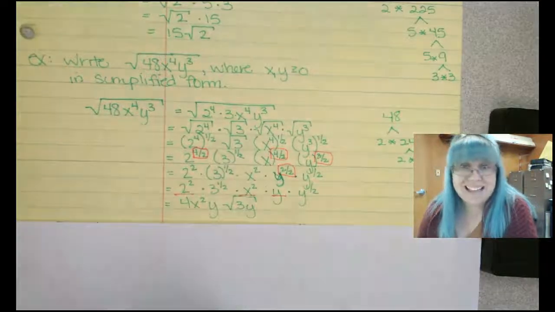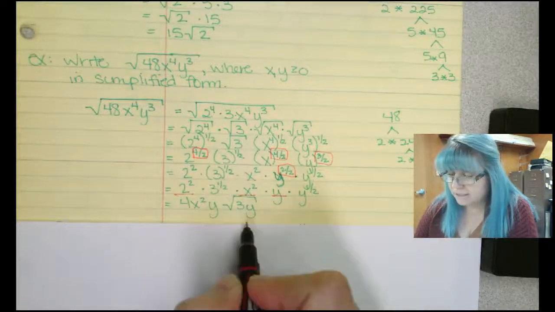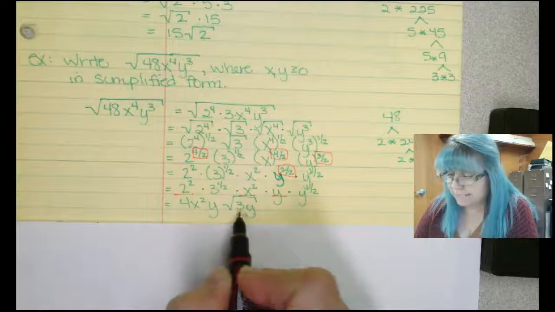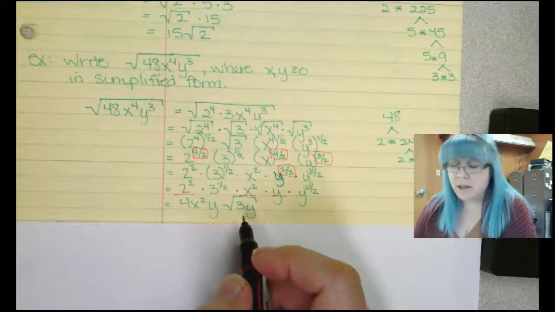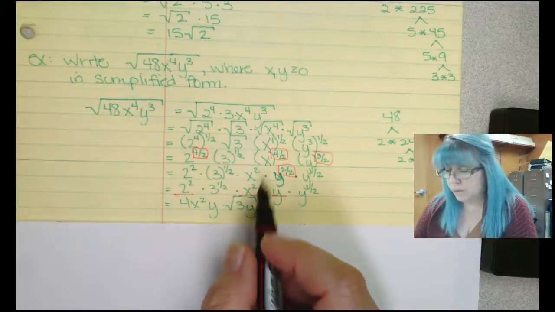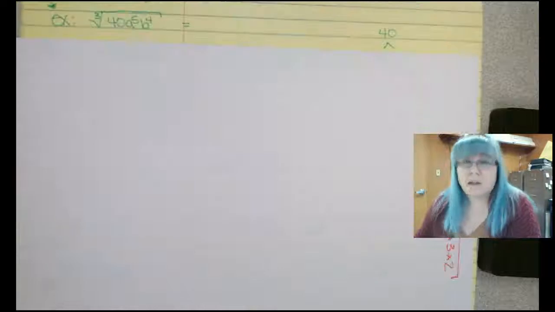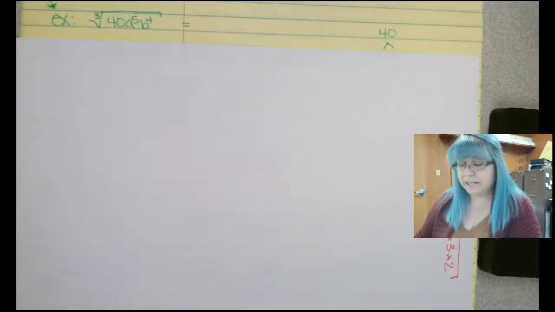Those were all outside the radical, and anything that still has the 1/2 power will stay inside the radical. So 3 and y stay inside. Like I said, it's not my favorite way of doing it, but it is possible to do it with fraction exponents.